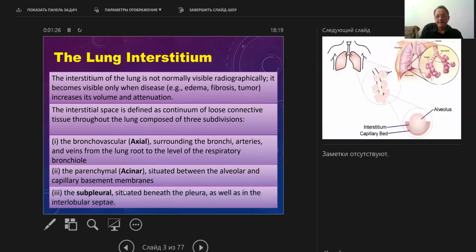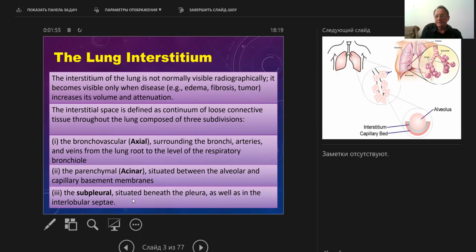Second, the parenchymal acinar, situated between the alveolar and capillary basement membrane. And third, the subpleural lung interstitium, situated beneath the pleura as well as in the interlobular septum.